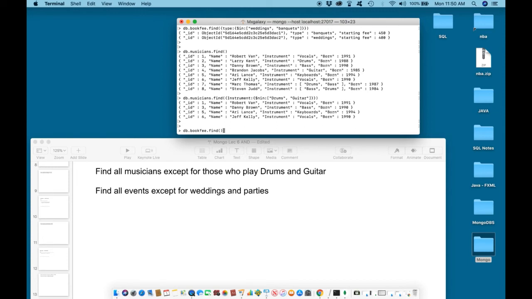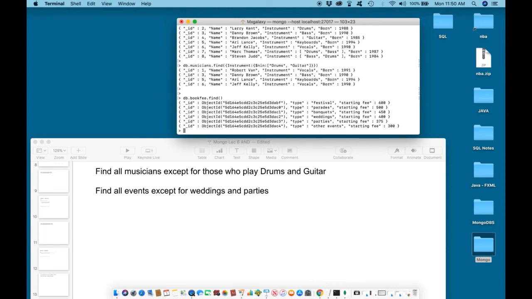Hit enter. And we return with the different types of events that we have stored within our book fee collection. We have different types of events and we have the different starting fees. So this time we are looking for all events except for weddings and parties.